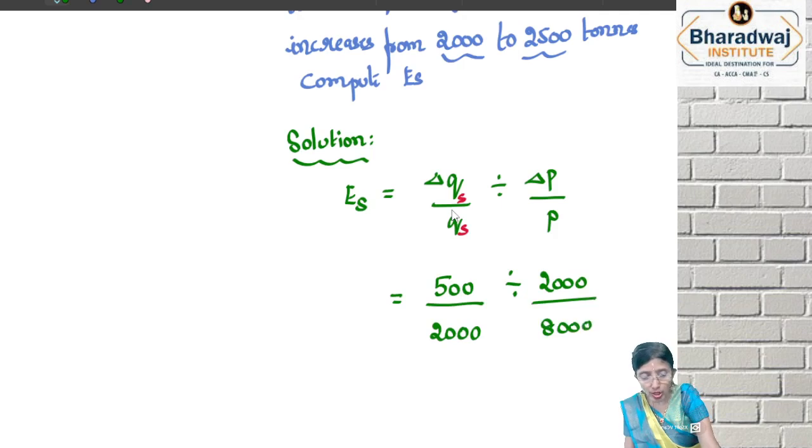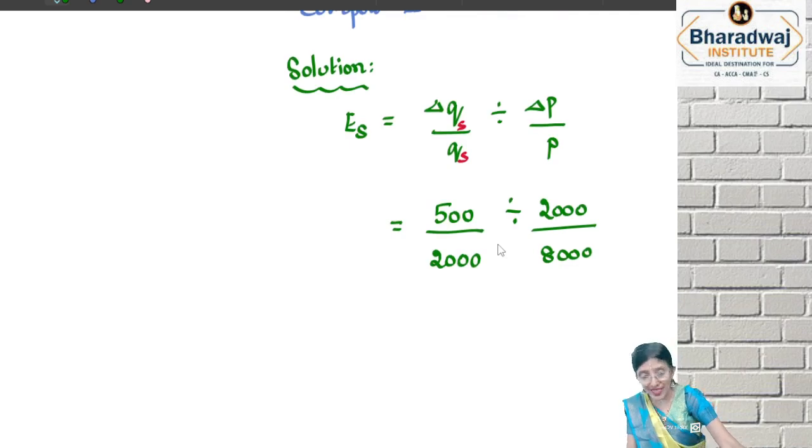So what is your original price? Q is original quantity, P is original price. Original quantity increases from 2,000 to 2,500. Original price increases from 8,000 to 10,000.